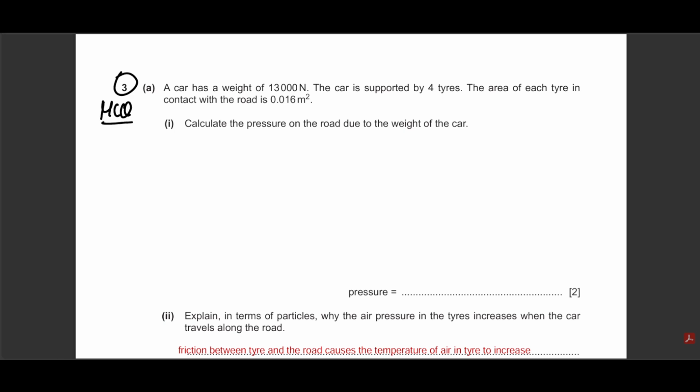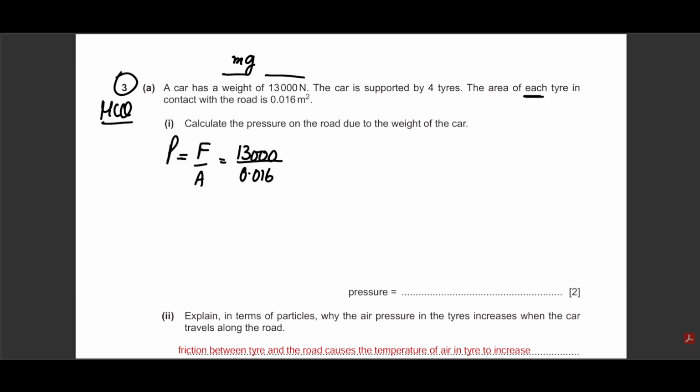No problem. Pressure, don't forget to write down the formula: pressure equals force over area. You have to identify where the force is coming from. We understand that the weight is also a force. Sometimes he will give you the mass, which will be converted using mg as an extra step, but it's already been done for you. So 13,000 divided by the area, which is 0.016. Now be careful.